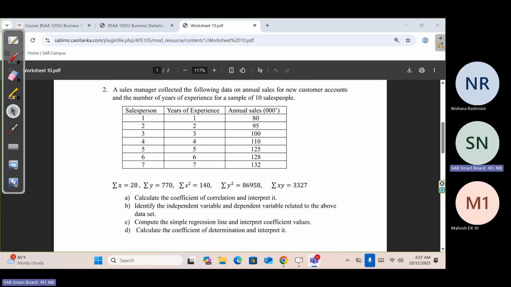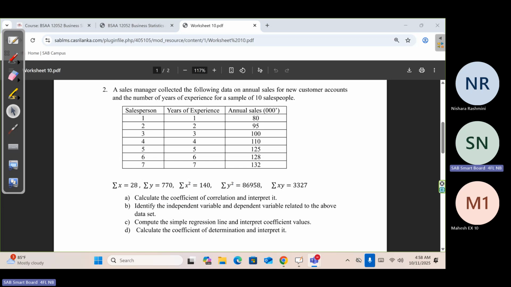Then how do we interpret this result? 96.4% of the annual sales is explained by the years of experience. The other way we can say, 96.4% of the sales revenue is explained by the given regression model. We use only the years of experience as the independent variable.